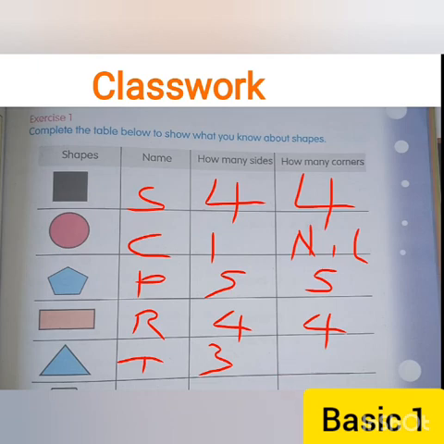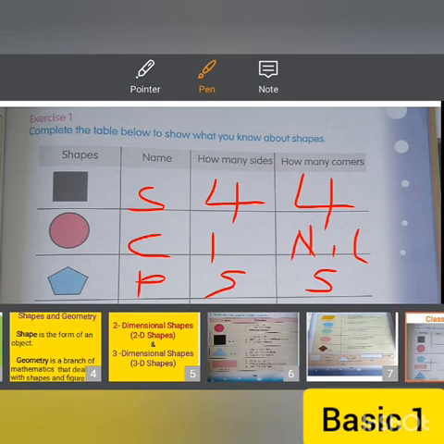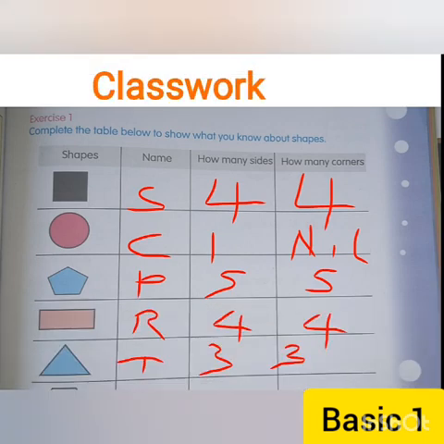Let's write that well. So we have done the first 5 shapes as classwork on your page 148. So it means we have come to the end of part 1 for week 2.